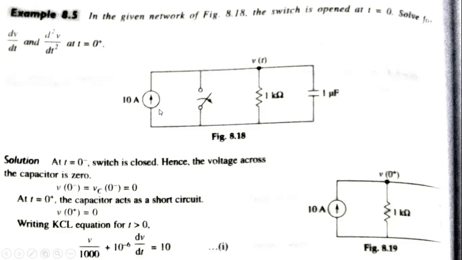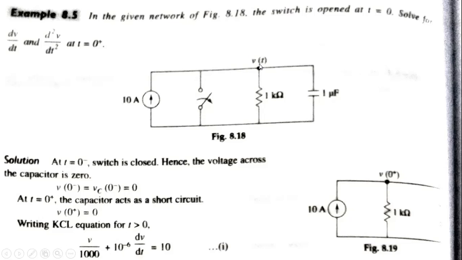After drawing this circuitry, apply the condition at t is equal to 0 minus. The switch will be closed, hence the voltage across the capacitor will be 0 at the beginning. That is v of 0 minus, that is vc of 0 minus, will be equal to 0.